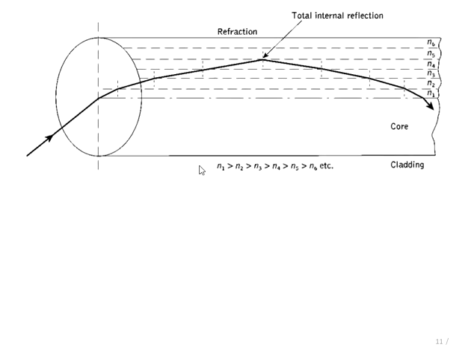Then the third type, propagation through graded index fiber. Now if I consider a gradual change, let us consider here at the center the refractive index is N1, and then it gradually changes to N2, N3, N4, N5, N6 such that N1 is greater than N2, N2 is greater than N3, N3 is greater than N4 and so on.